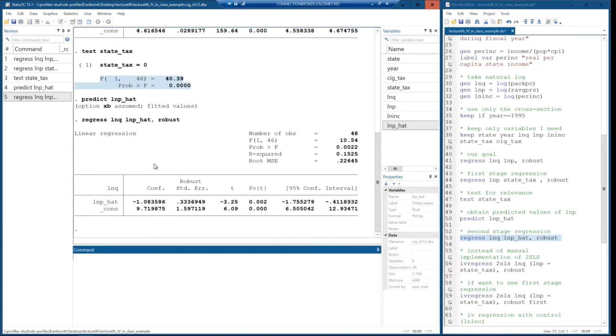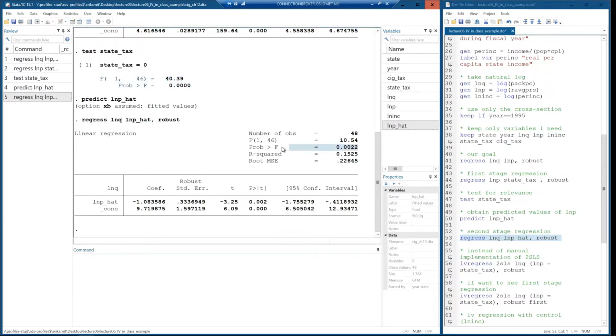And this is the result, and we always check the F-test. So the p-value for the F-test is below 0.05, which is below 5%. So we say that this regression has explanatory power. And the coefficient has indeed changed from negative 1.21 to negative 1.08.